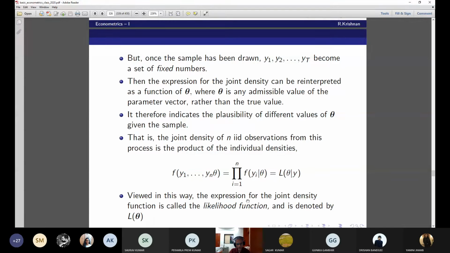Viewed in this way, the expression for the joint density is also called the likelihood function and is denoted by L theta. This is a very subtle difference. The mathematical definition of the density function and the likelihood function are the same. So that means for every set of sample values, we would get a population parameter theta which would optimize the likelihood of that sample value.